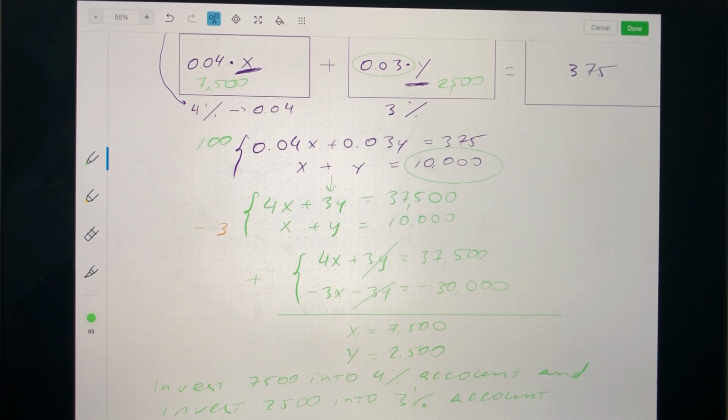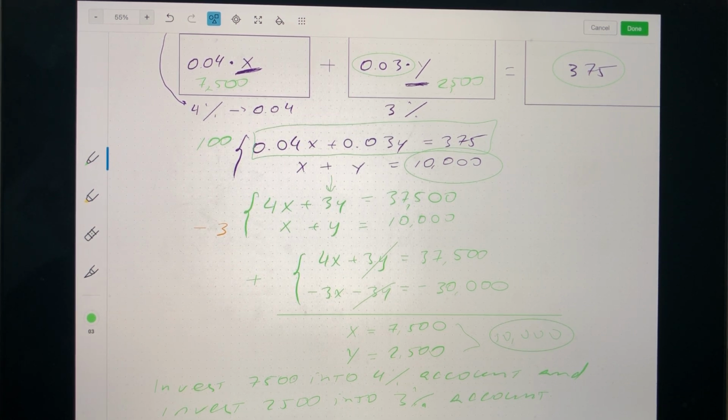And that should make our total interest of 375. We can check it by substituting our answers into our original equations. We already know that x plus y do make 10,000, since these together are 10,000. All we need to check is does the first equation work?